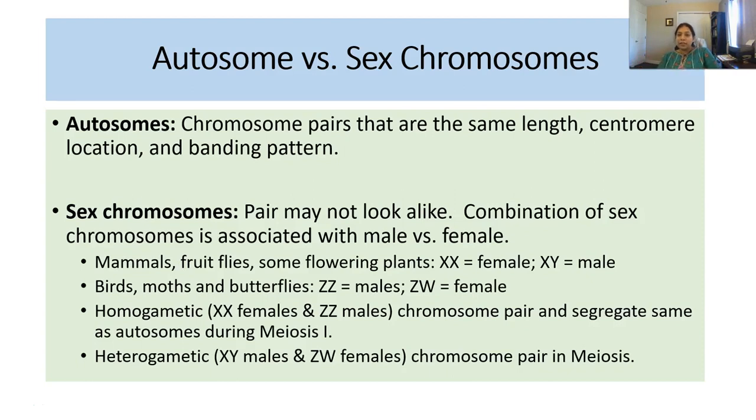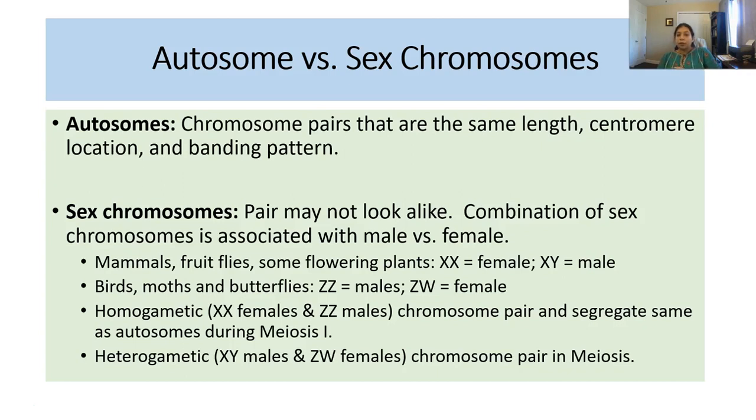While these two types of chromosomes are important because the sex chromosomes are what are going to determine the sex of that organism or that plant or an animal that may or may not look alike, right? You have the combination of those sex chromosomes that are associated with male versus female.